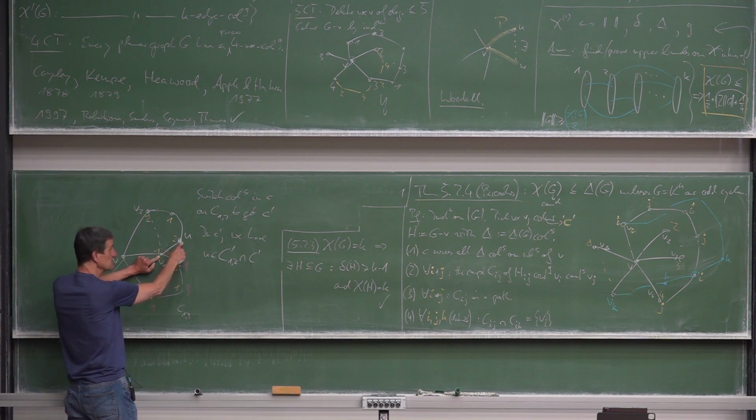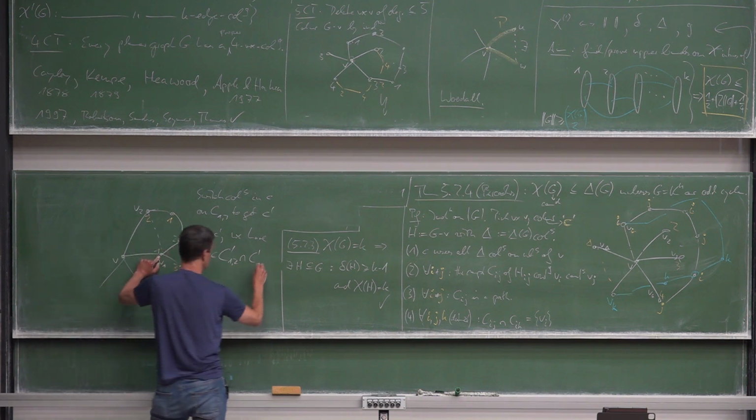Its neighbor U has color 2 as before. So these are in the 3-2 component.